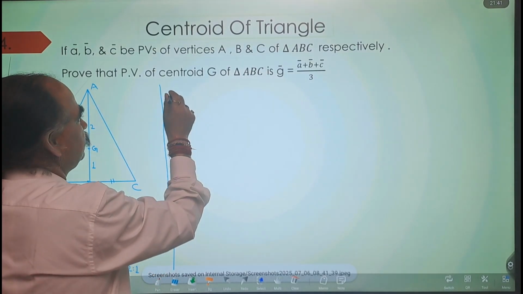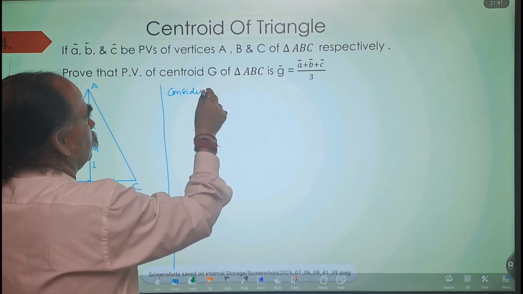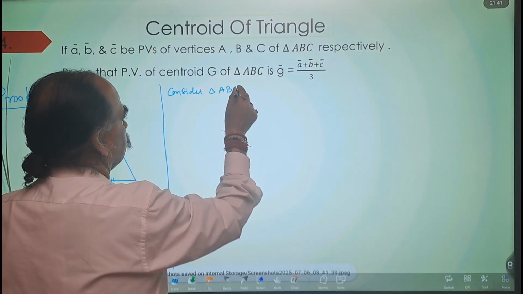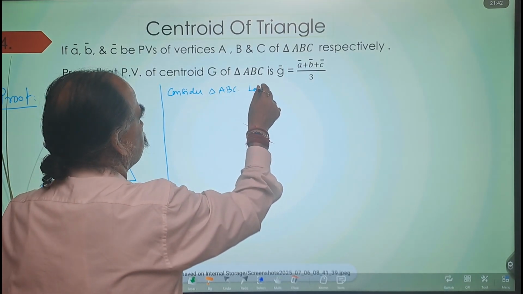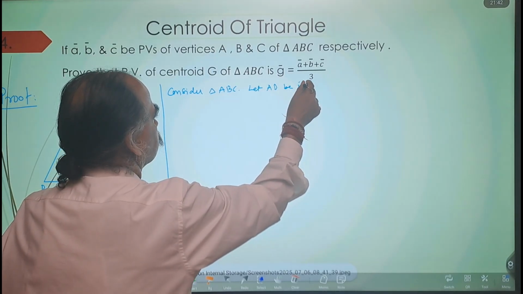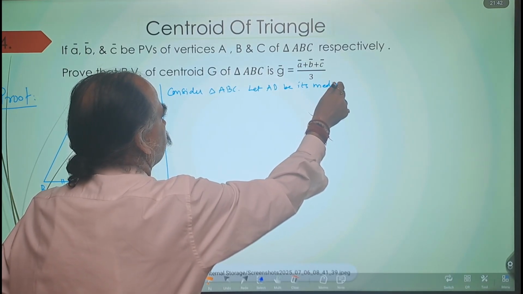Consider triangle ABC. Let AD be its median.